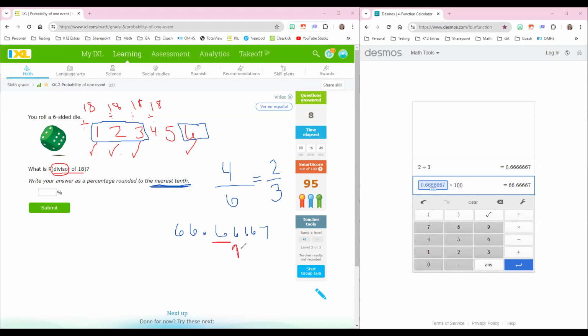So we're going to look at this number to see whether we round up to a 7 or whether we round down and it stays a 6. Well, 5 and above rounds up, 4 and below rounds down. So that means we're going to round this up to 66.7% is our probability percentage that we would roll, and the number would be a divisor of 18.